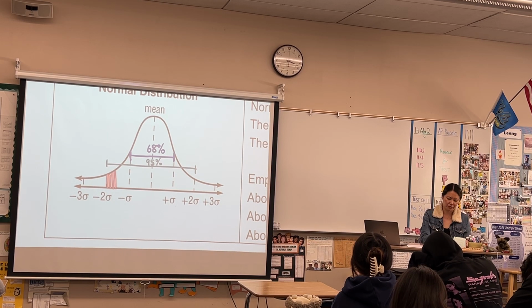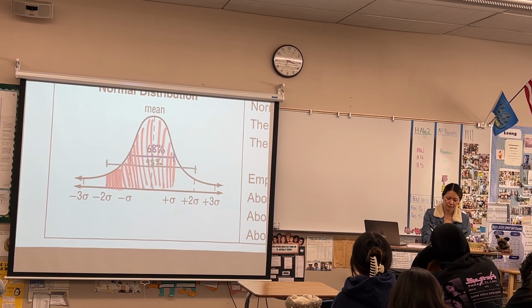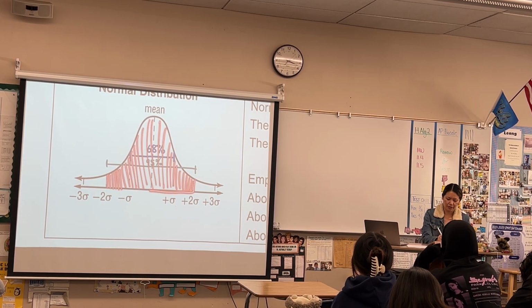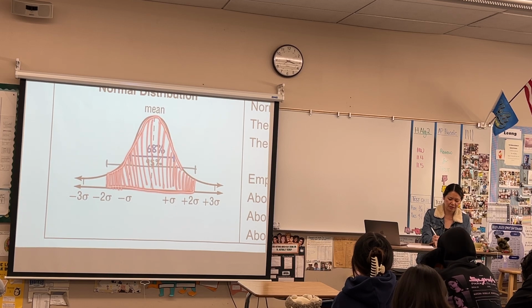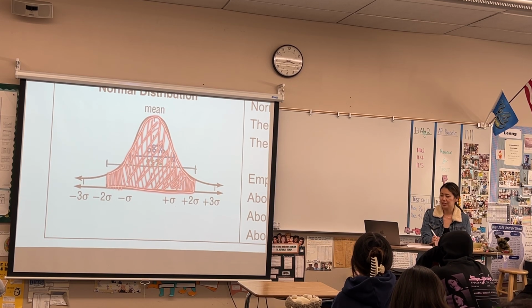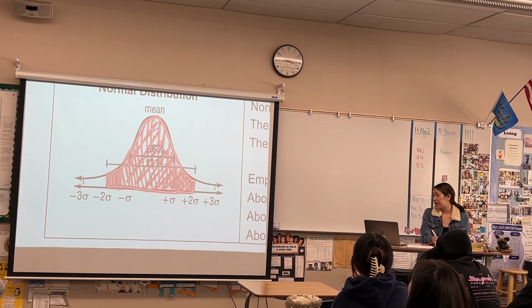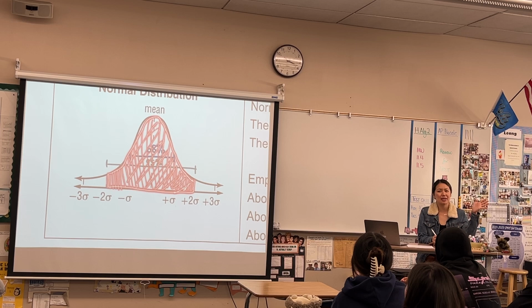So that's this shaded region under the curve, about 95% of the entire area. If this was grades, 95% of you would get anything from a B to a D.